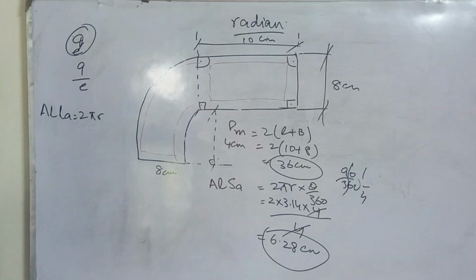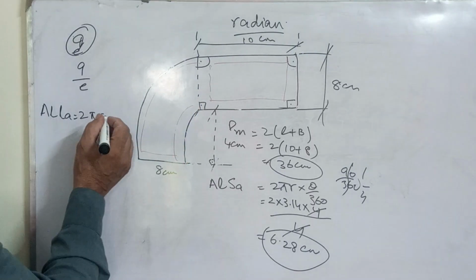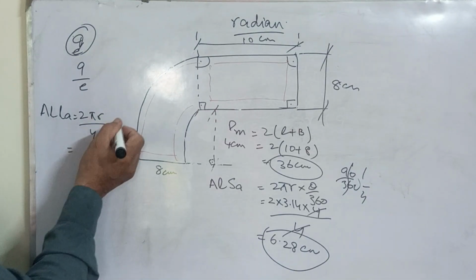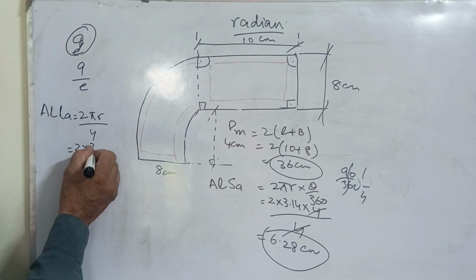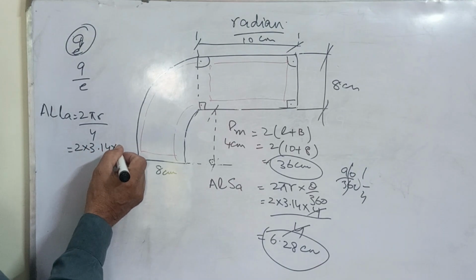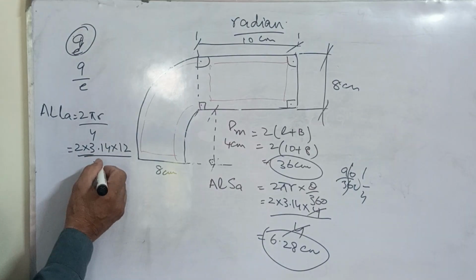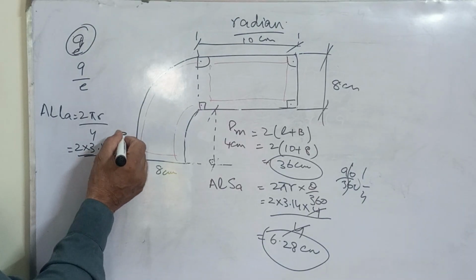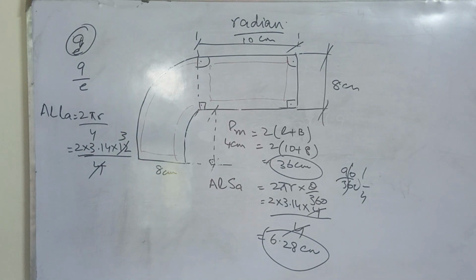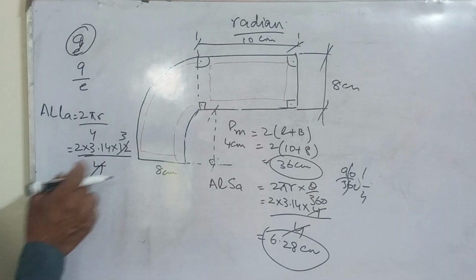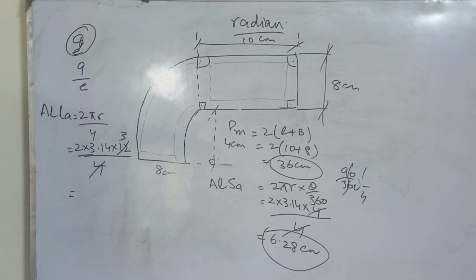And since it is again a quarter circle, it will be divided by 4. 2 multiplied by 3.14 multiplied by 12 divided by 4. 4 goes 3 times, so it will become 6.28 multiplied by 3. 6.28 multiplied by 3 is equal to 18.84.